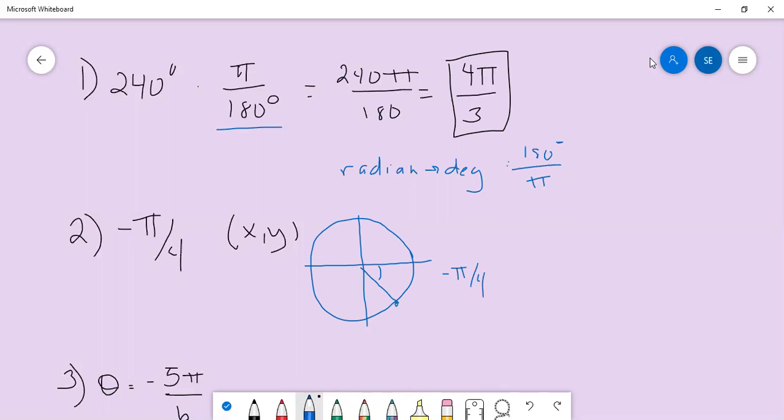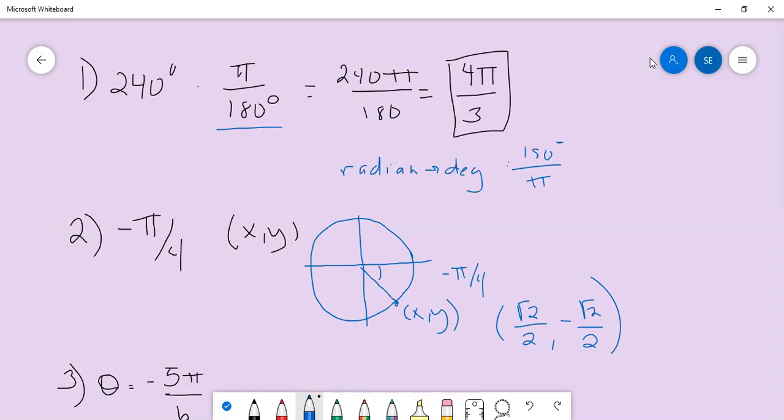So you want the x and the y here. Some people love to memorize the unit circle. If you memorize the unit circle, you know that this point is going to be square root of 2 over 2 and negative square root of 2 over 2.